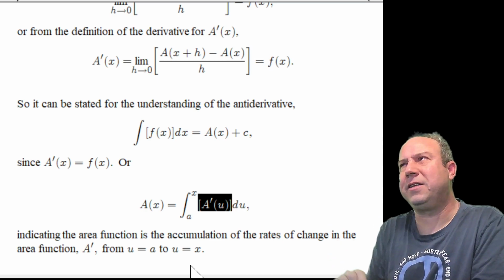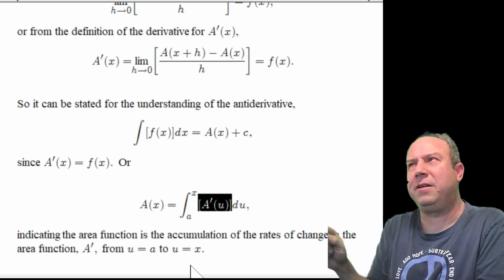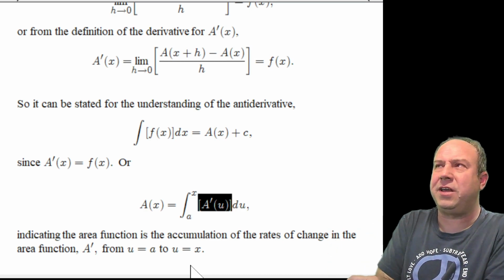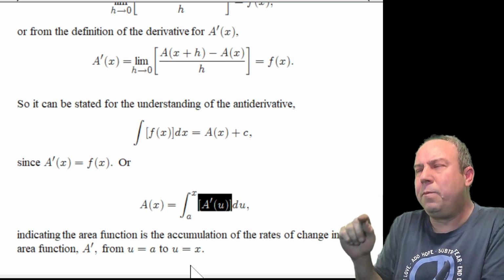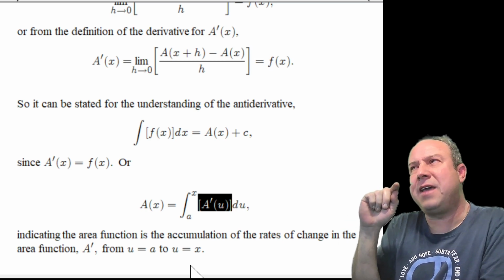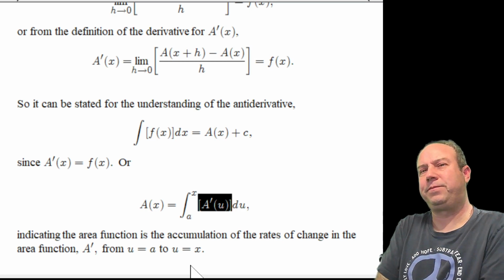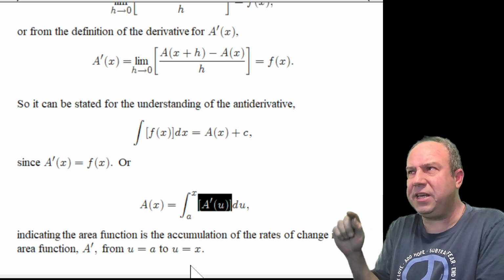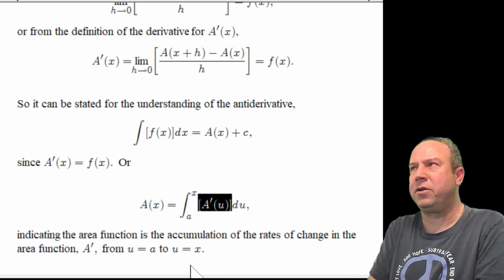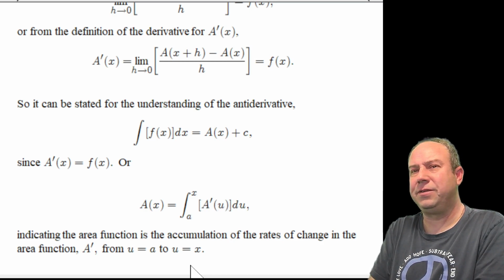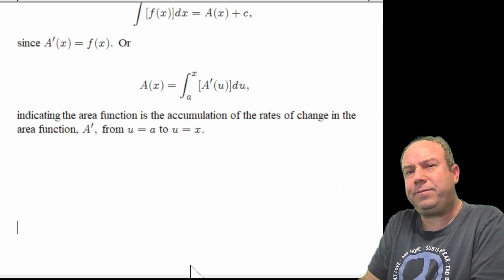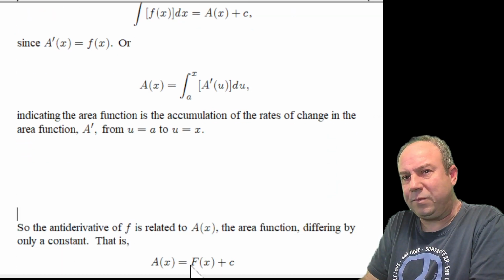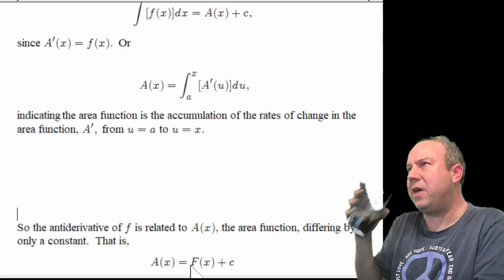We know how to calculate derivatives. We don't need to bring antiderivatives into their calculations. What we need to do is figure out how to calculate definite integrals. And what we're going to see is the antiderivative is going to be brought into those calculations. And what follows here is how to do that.